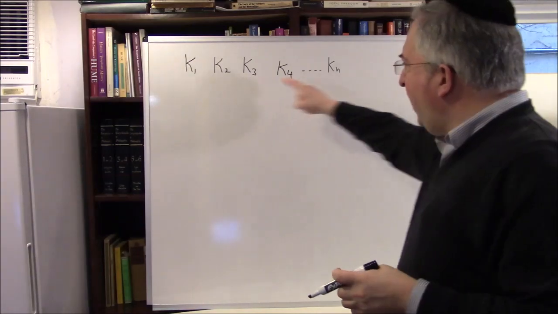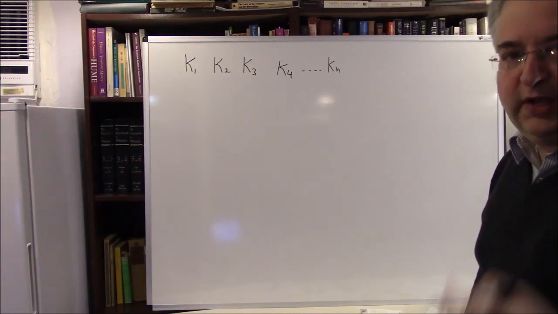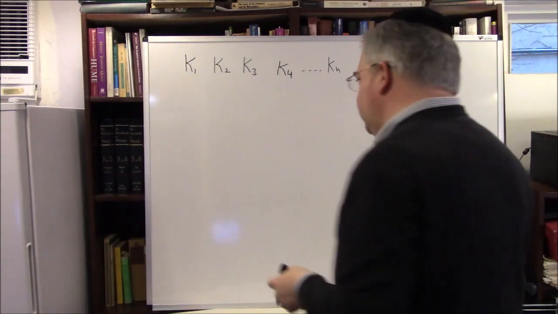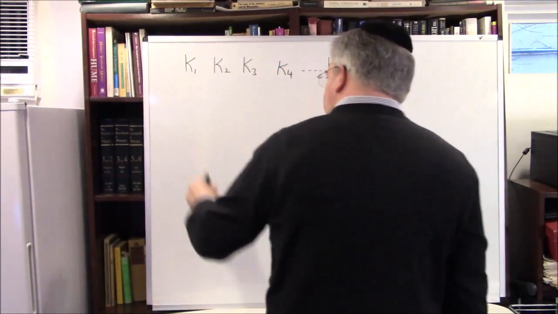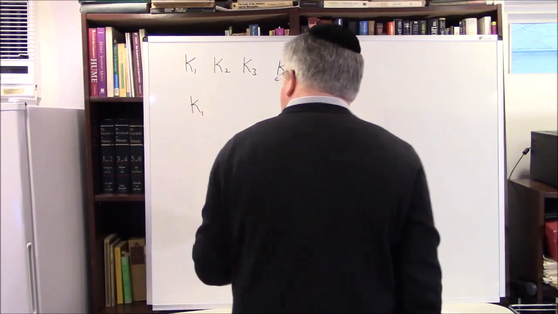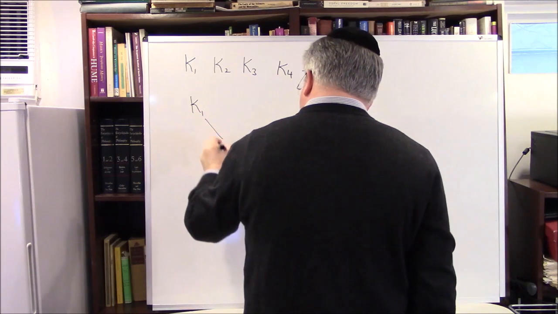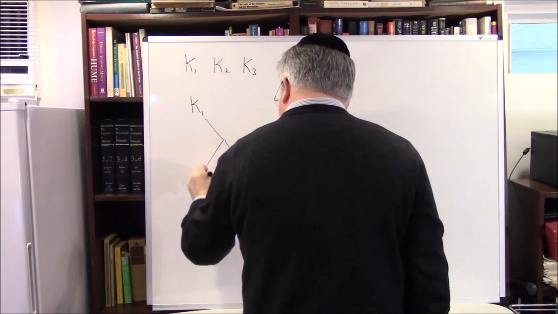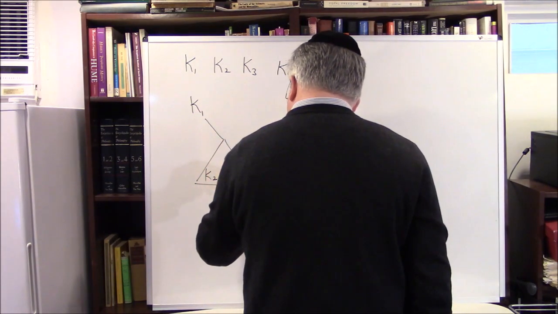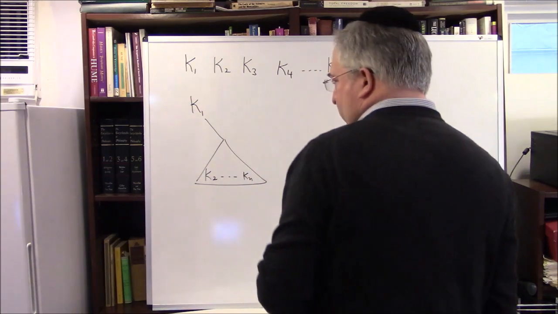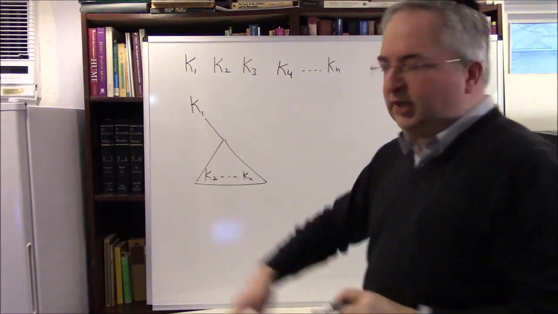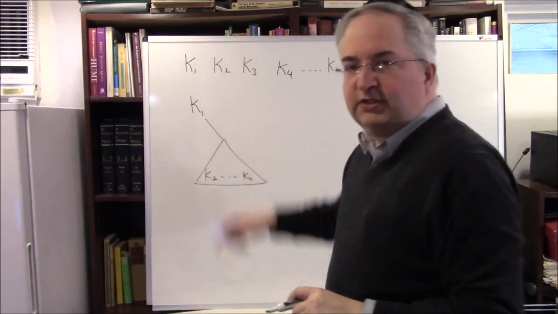Now, let's say they're in alphabetical order. K1 is before K2, which is before K3, etc., etc. So here's one possibility. K1 over here, that's the first one, and over here, you're going to have K2 to Kn. In other words, make K1 your root, and this whole tree should have these things.